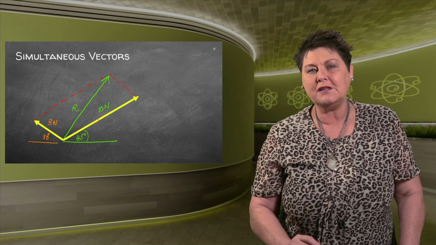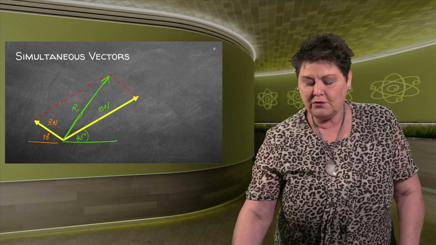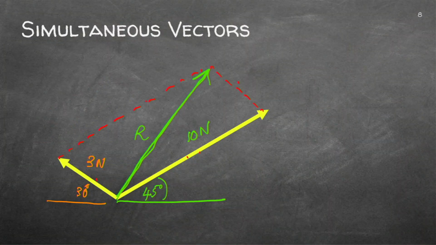But in a graphical sense, this would then be the resultant there. And remember, you've got to calculate the angle as well. So you'll have to be able, with a protractor, to find the angle of the resultant to clearly indicate to somebody that you know how to find the resultant.